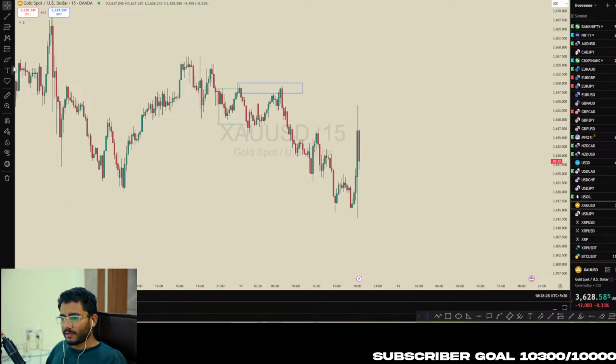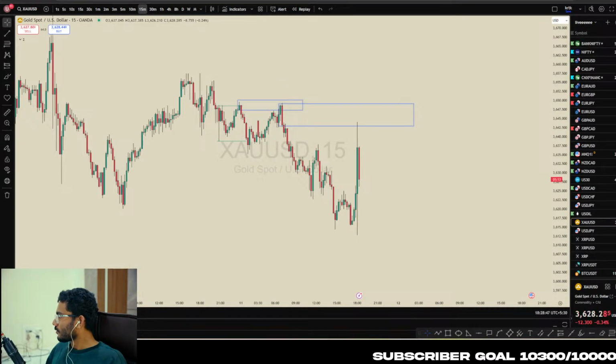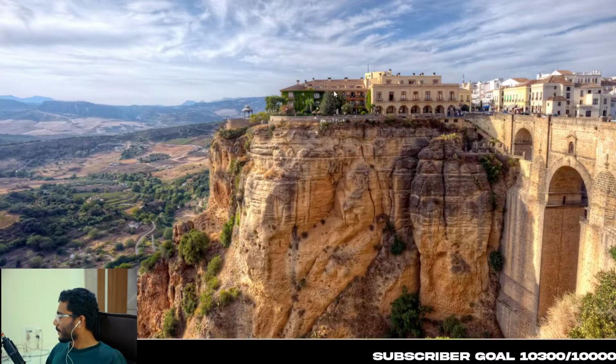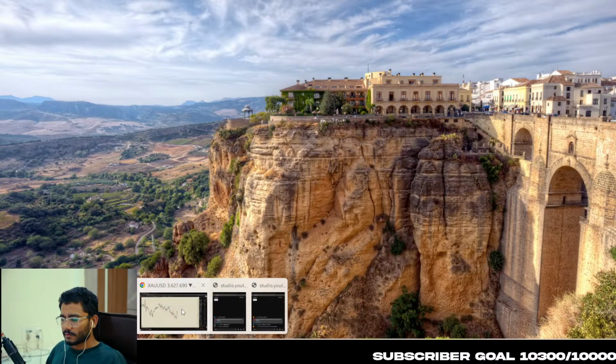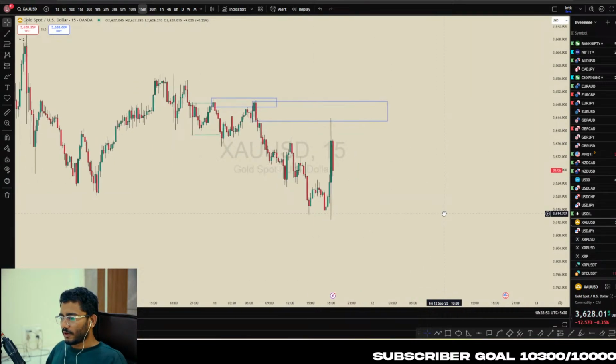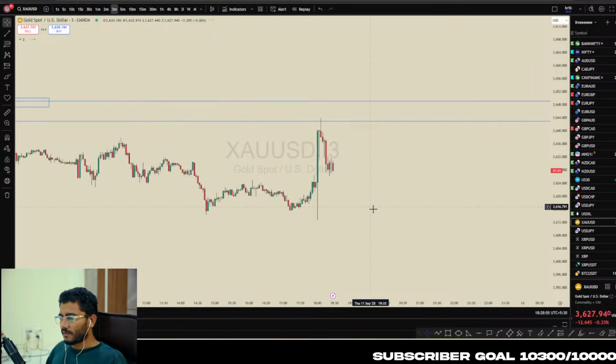If you look at 50 minutes, then price has rejected from this order block, which took out the high from the Asian session. So if you look at the 50-minute time frame, then price swept the liquidity.